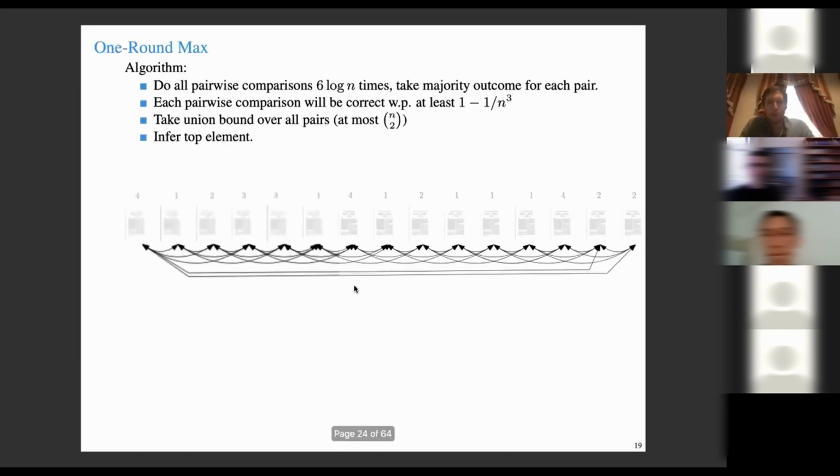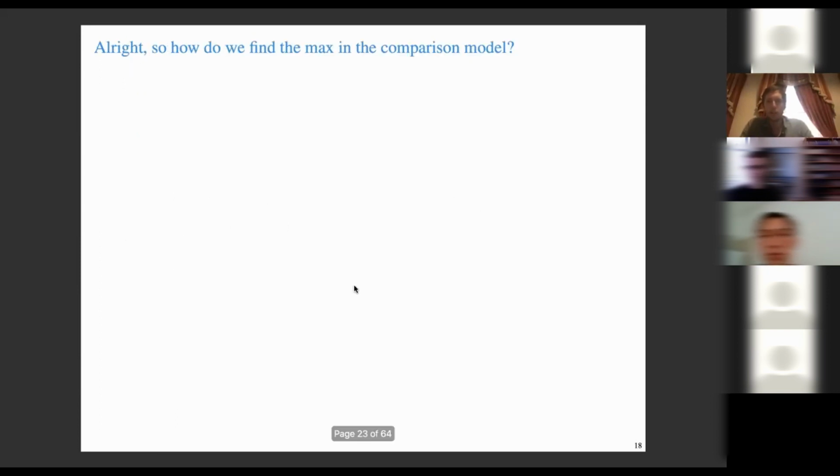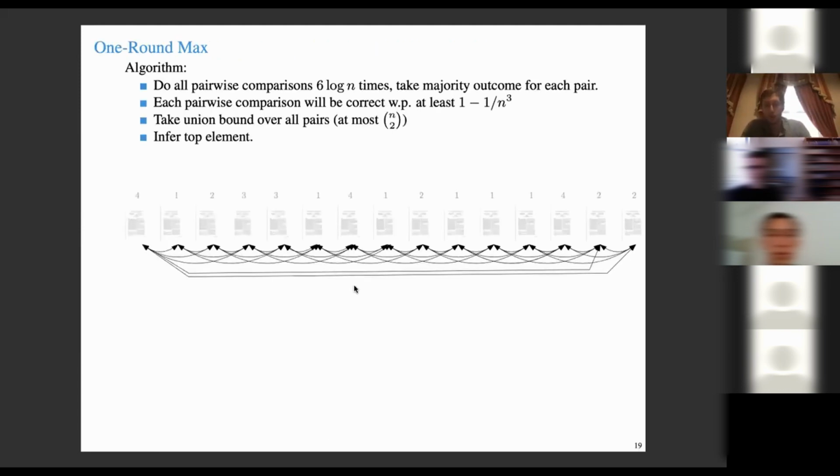So since we just want to find, for now, upper bounds in the comparison model, how can we find, for example, the max? Here's a really naive algorithm. It's really stupid and wasteful, but as you'll see later, we're going to use it anyway for certain parts of fancy algorithms.